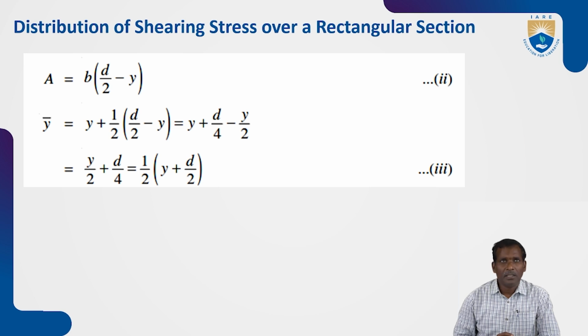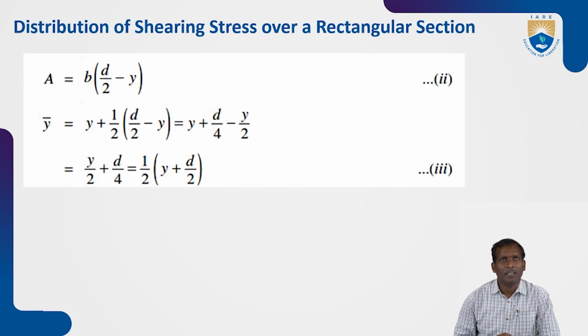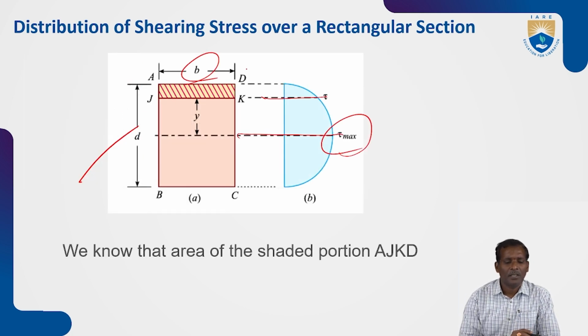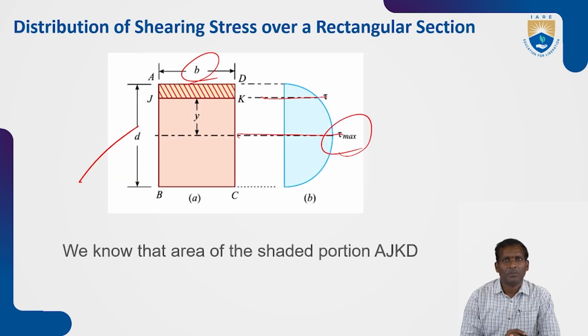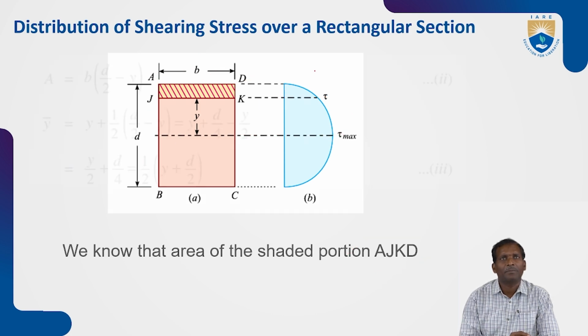The area A is B into (D by 2 minus y), the width times D by 2 minus y, for the section JKD.